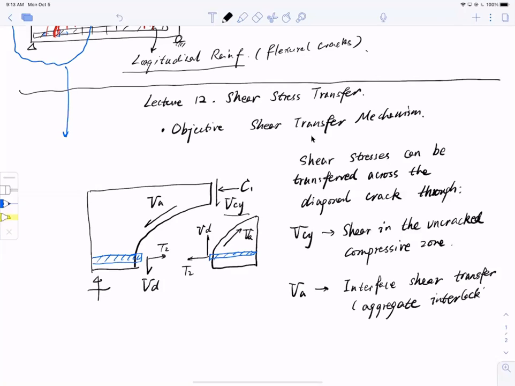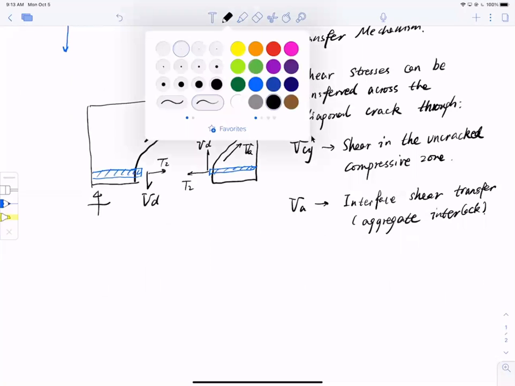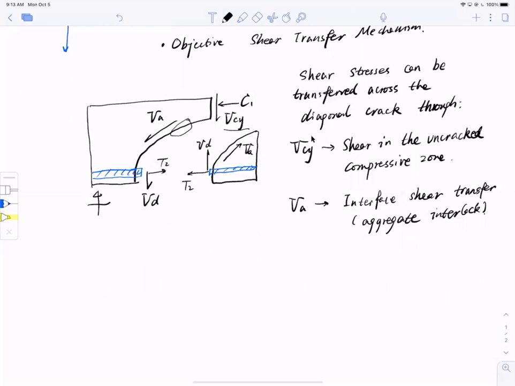So what's really happening is, if I zoom in to see this right here, I have a diagonal crack, but on the crack surface, I will have a roughened surface due to aggregates. These small circles are aggregates.